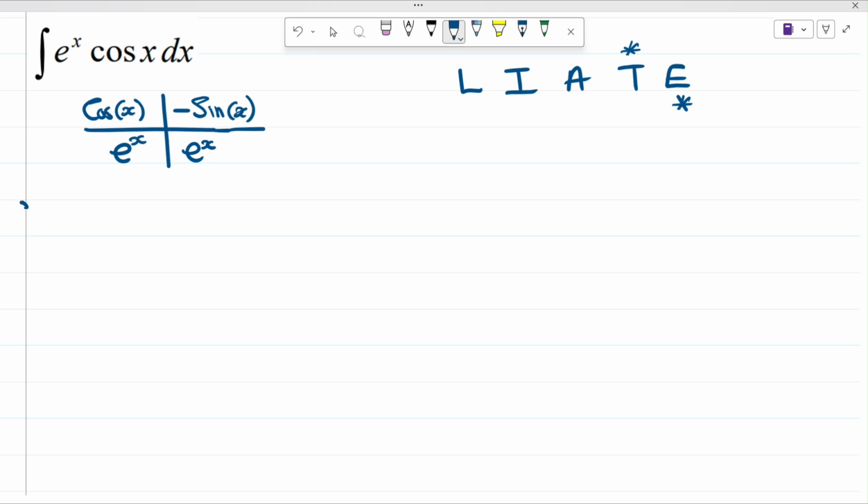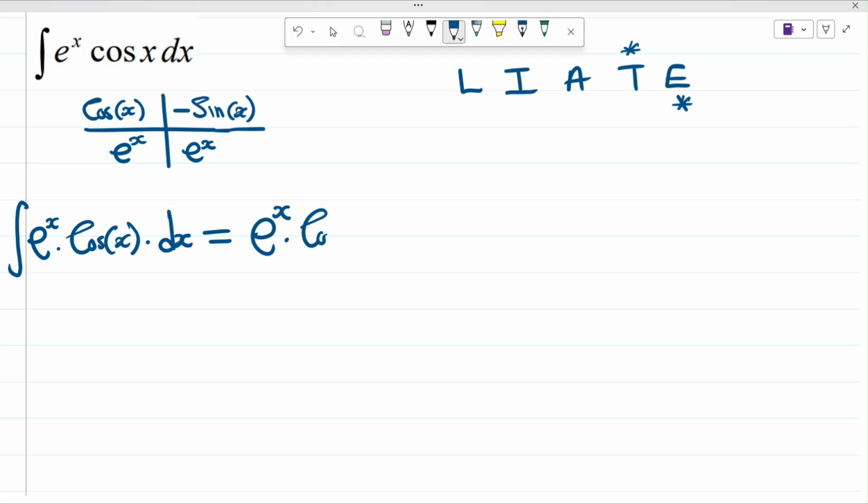Then now we can apply our integration by parts. So we copy the equation the way it was given to us. Cos of x multiplied by dx is equivalent to what? We say second multiplied by the third quadrant. So this is going to be e to the power x multiplied by cos of x minus the integral of negative e to the power of x sine of x.